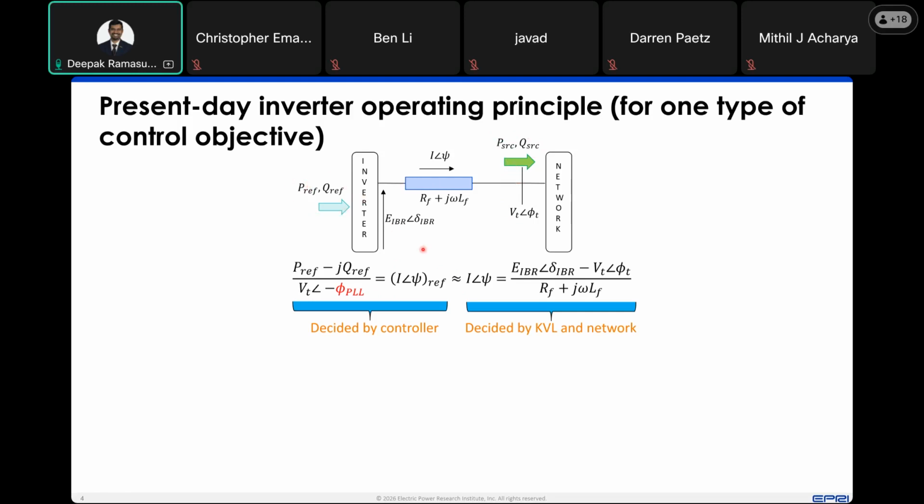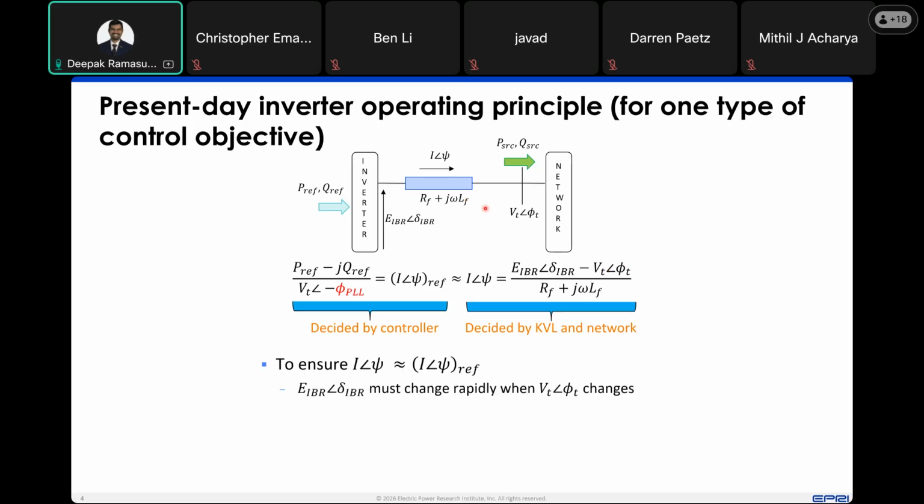In order to do that, it has to generate a current reference such that the current that is drawn out by the network from the inverter is the same as the current reference. So all throughout, to a certain extent, the network is still the boss, so to speak, in determining how much current gets drawn out from the inverter. And that is going to be true for every kind of inverter-based resource that we have in the system.